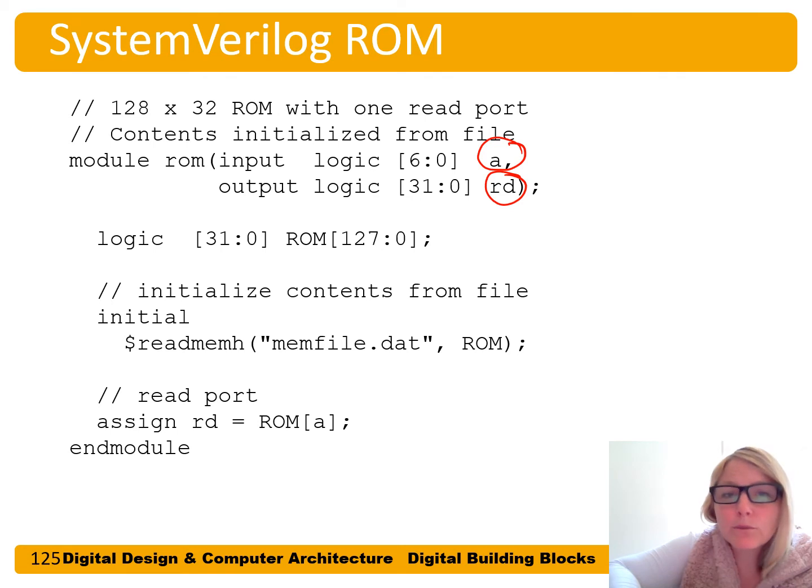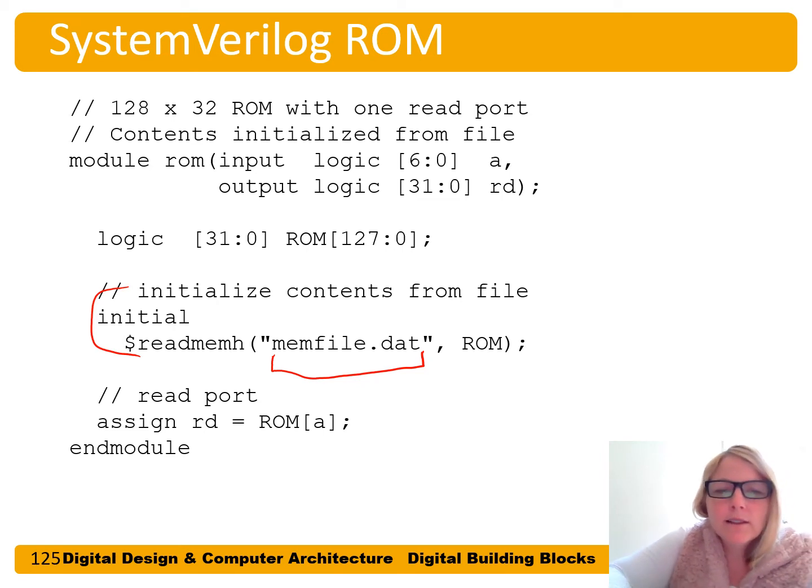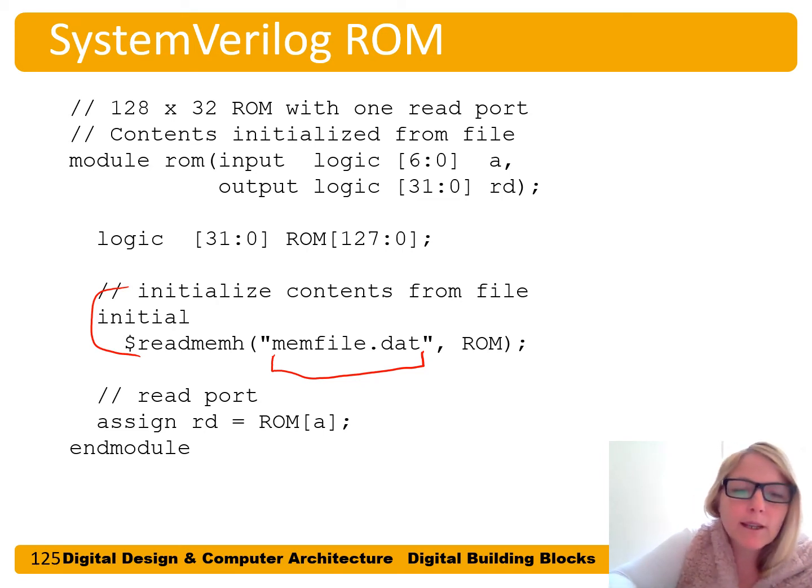This ROM is initialized with the contents of a file, in this case memfile.dat. Whenever we get an address, it just combinationally feeds out whatever data is at that address in the ROM array.